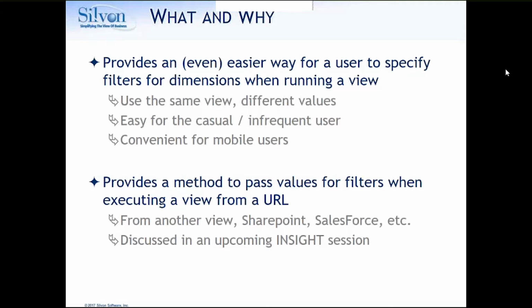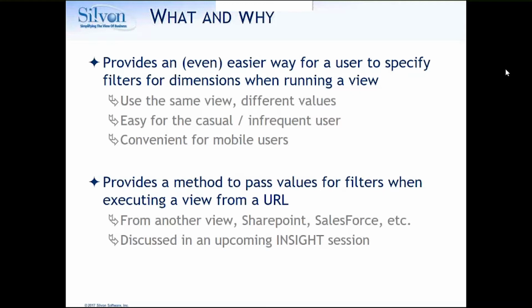Well, it's actually an even easier way for a user to specify filters for a dimension when they go to run a view. One of the things that we try to do on each version or point version of Viewer is to make steps easier to do for filtering, when we talk about specifying members for dimensions.